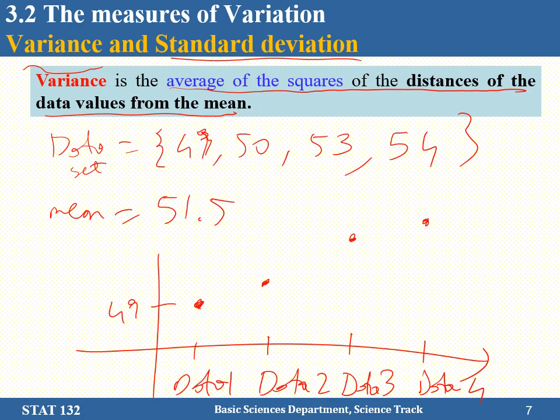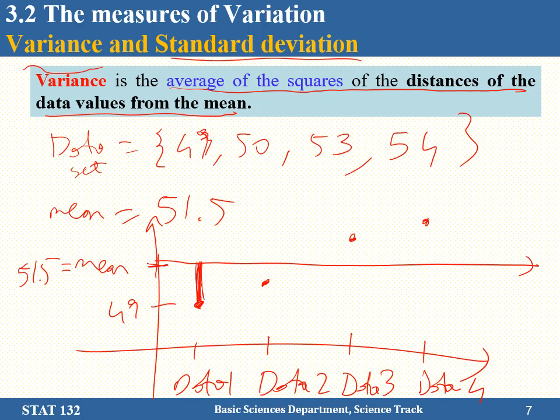Now, if you look at the mean, it's somewhere here, 51.5. I'll draw a line. Look at the distances between 49 and 51.5, the distances of the data values from the mean.